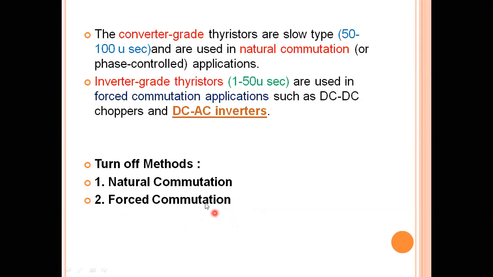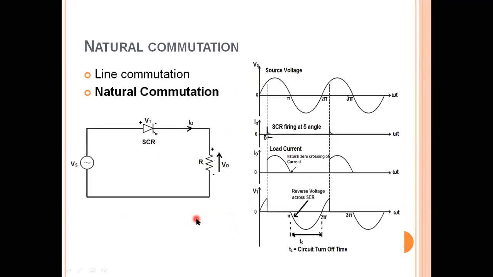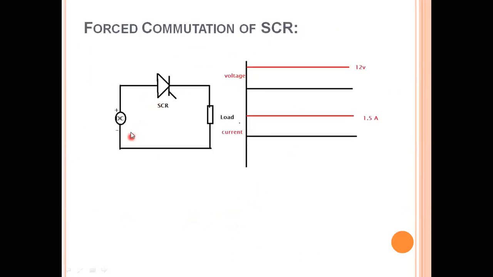Okay. So in the case of forced commutation, DC circuits are considered as the power source, and as the current and voltage magnitudes are always of a finite magnitude, the device which is turned on may not be turned off by the power circuit.